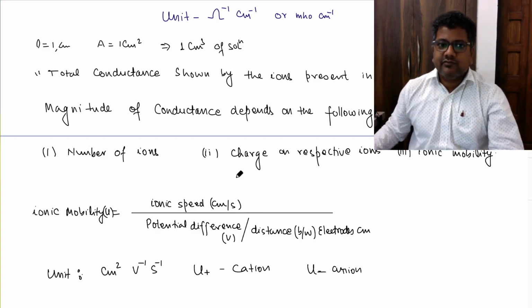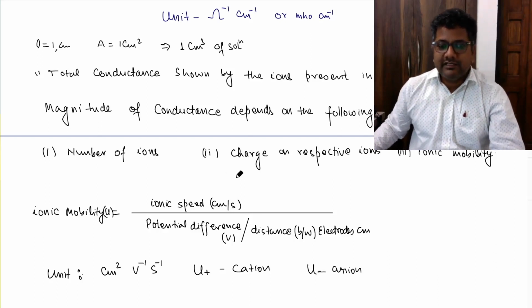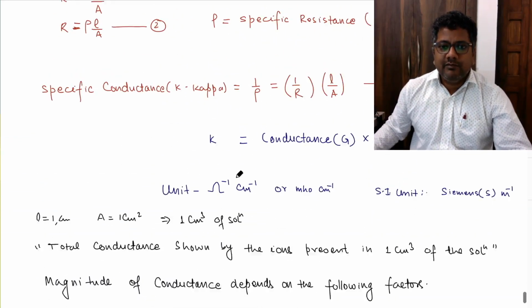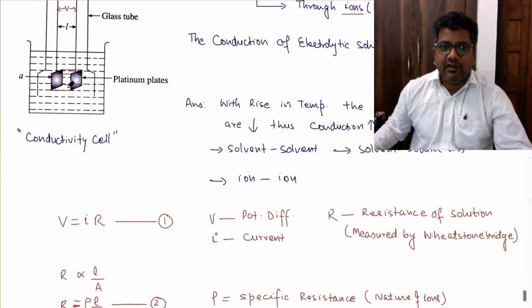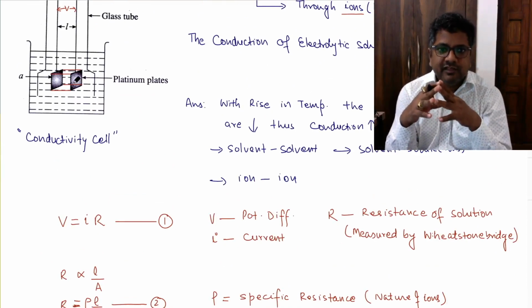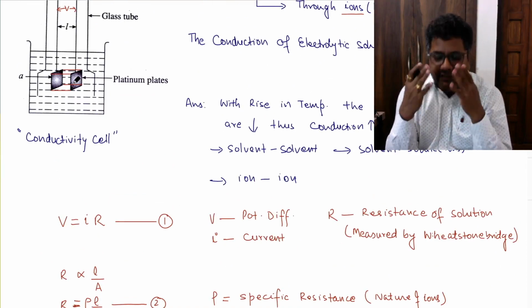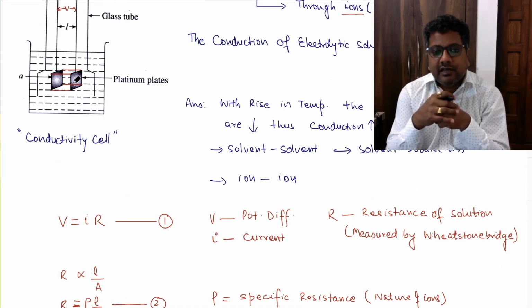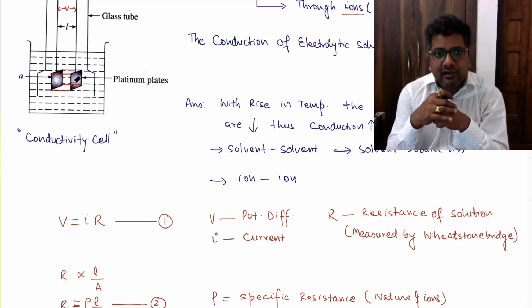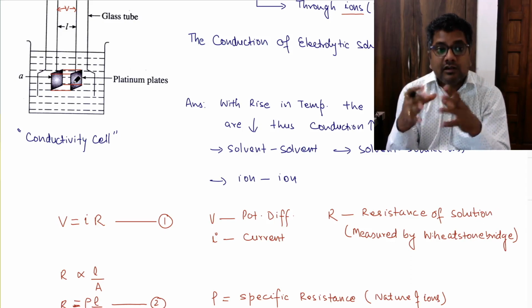But there is one problem. If you change the volume, how do you make this 1 centimeter cube? It is difficult to get the total contribution of conductance present in the total solution.